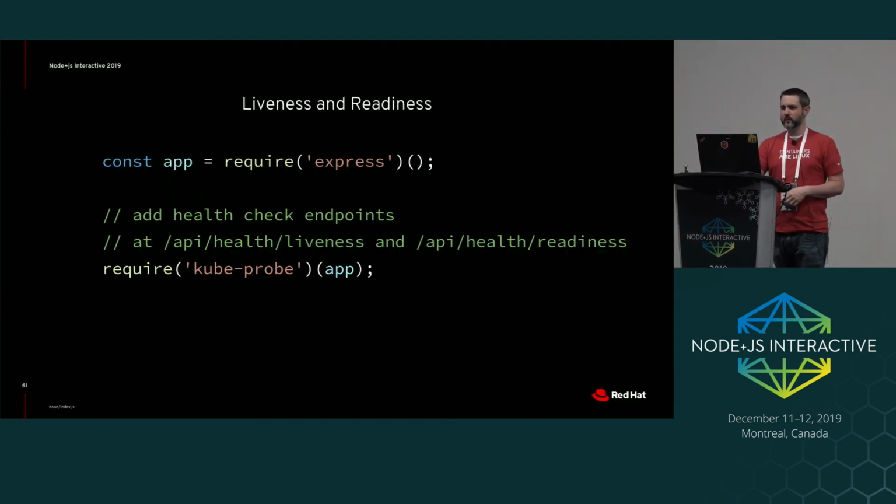In this particular application, for all the services, there's a module called kubeprobe, which if you add it, will add these /API/health liveness and readiness probes to your Express applications. So you don't have to worry about it, because those are the defaults for Kubernetes and OpenShift.